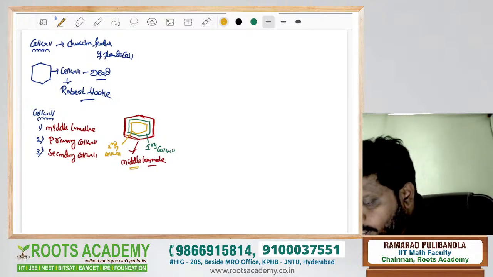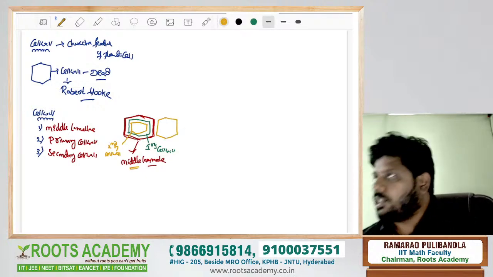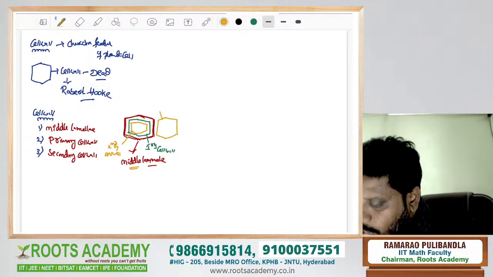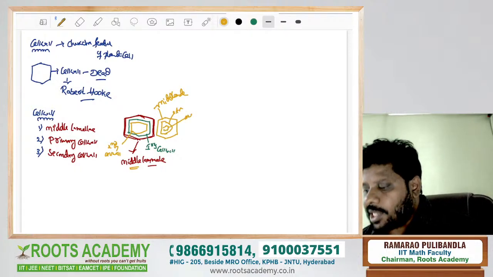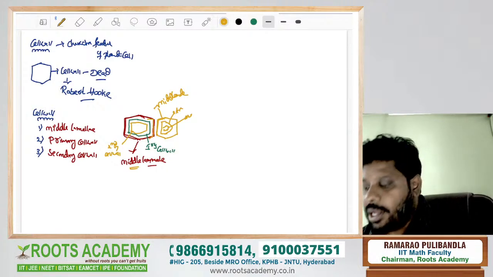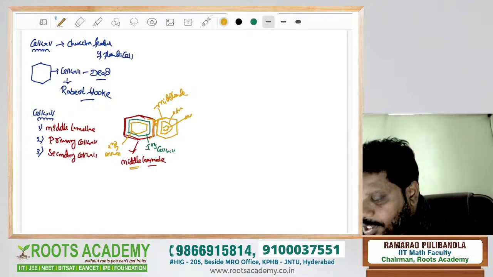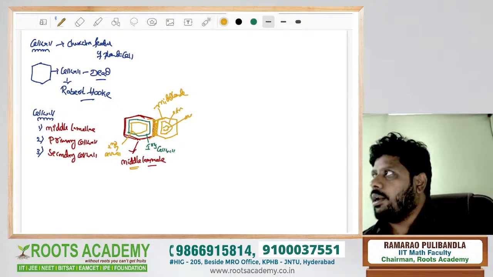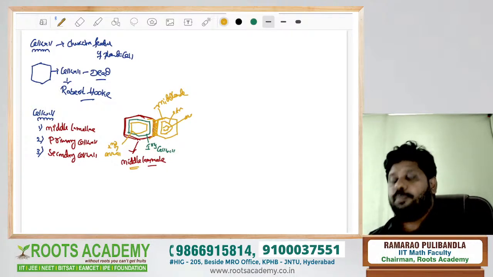Imagine this is another cell. In another cell also, outermost layer is the middle lamella. Below the middle lamella, primary. Below that one, secondary. See, this is the middle lamella of this cell, and this is the middle lamella of this cell. So middle lamellas are present between the two cells.